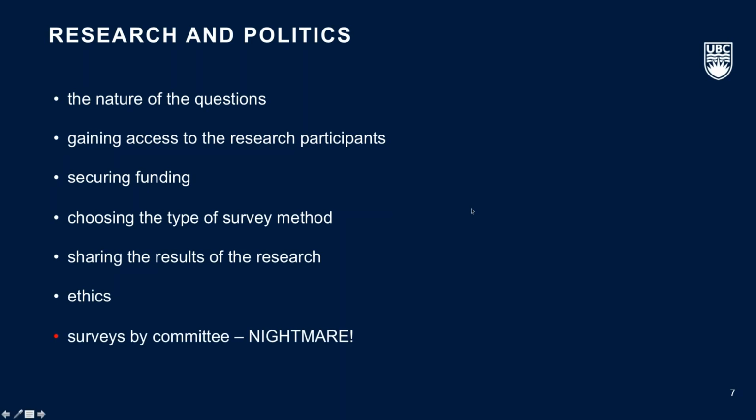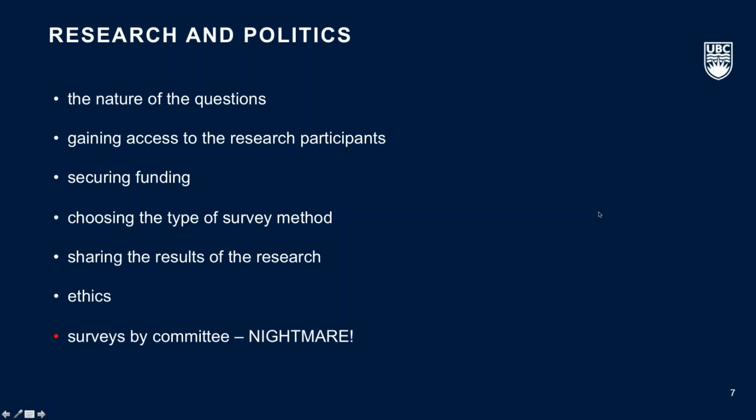And finally, I just want to make one point about designing surveys by committee. This can be an absolute nightmare. It can be complicated enough if like minds are designing the survey. So say people within your own library community are working on a committee. That's complicated enough. But when you have other parties involved or other stakeholders involved, it can be a real disaster.